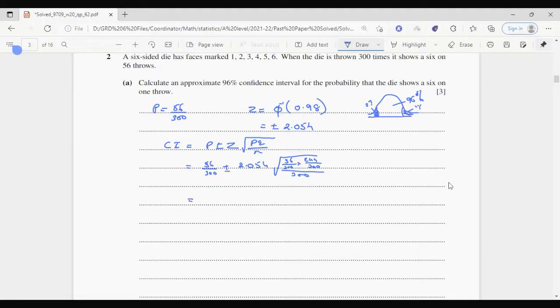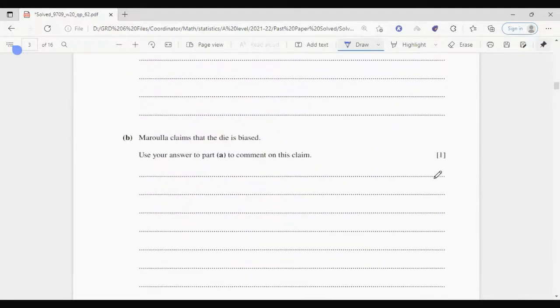Which will give you a value 0.140 to 0.233. Both are rounded to 3 SF. Okay, so that gives you the confidence interval.